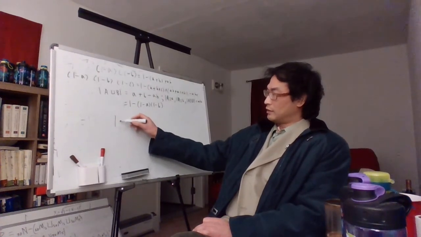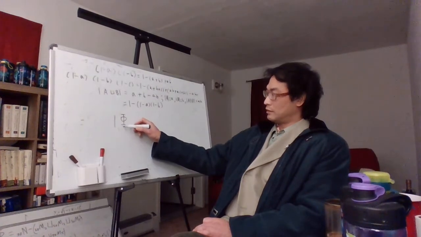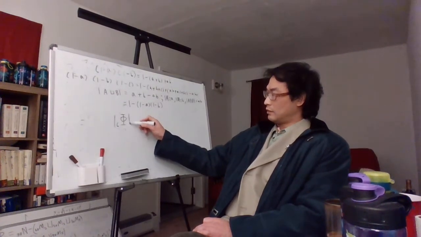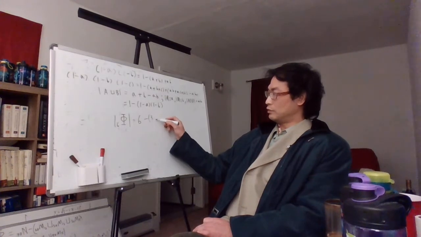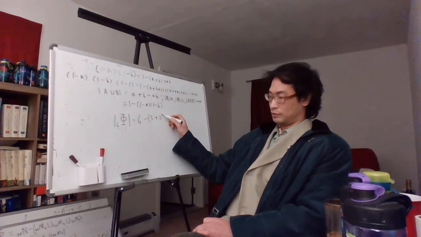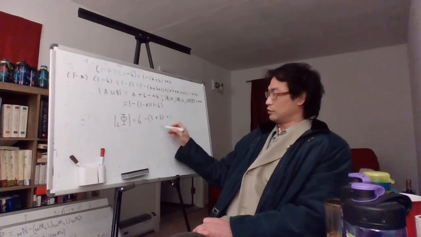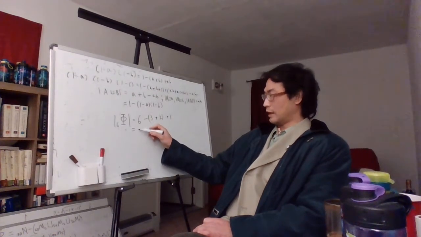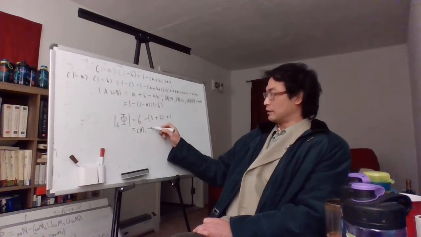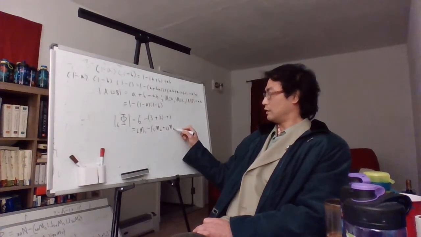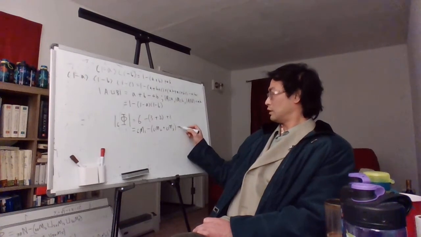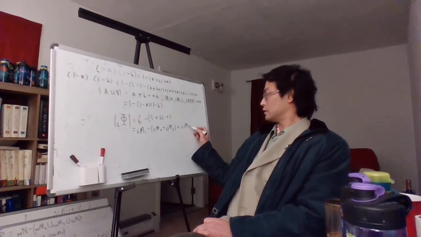So you have phi of 6 is equal to 6 minus 2, 3 plus 2 plus 1, which is 6m1 minus 6m2 plus 6m3 plus 6m6. Okay?